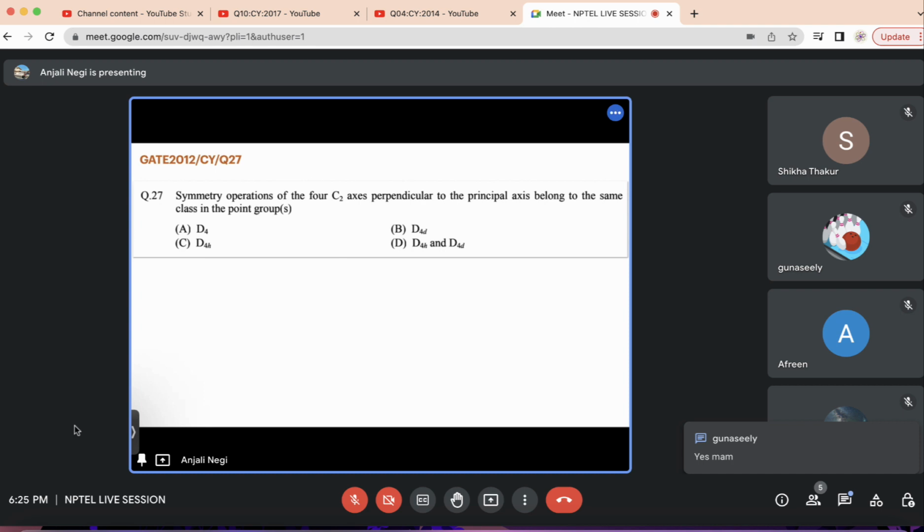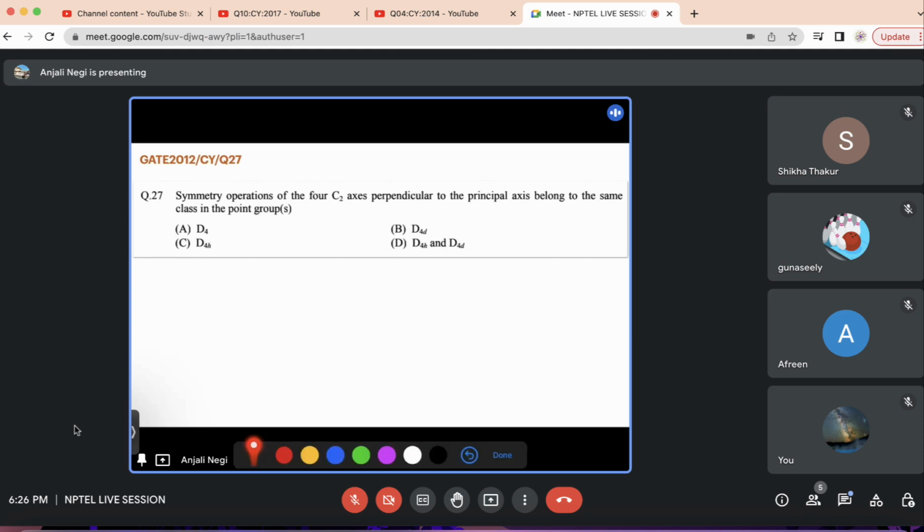So for this particular problem from GATE 2012 chemistry question number 27, this states that the symmetry operation of the four C2 axes perpendicular to the principal axis belong to the same class in the point group or groups.